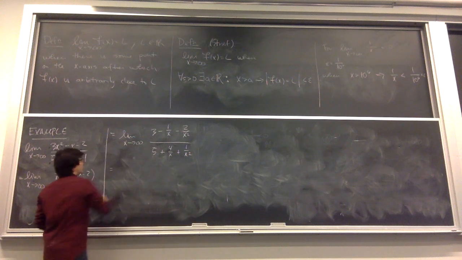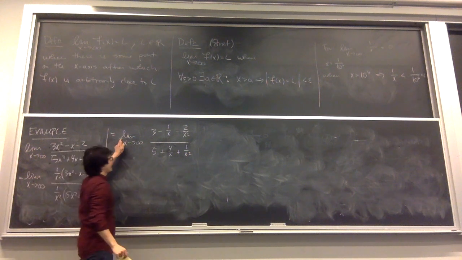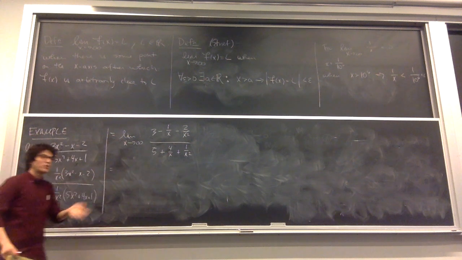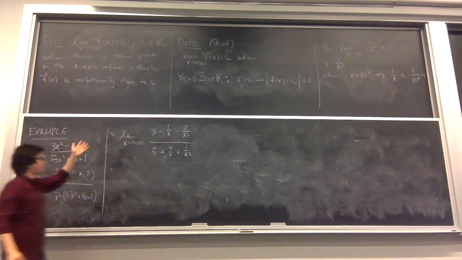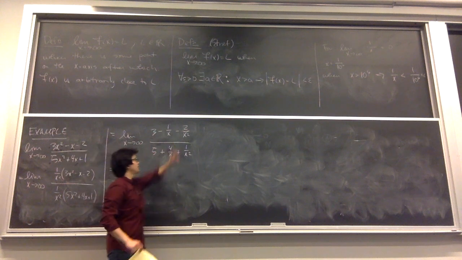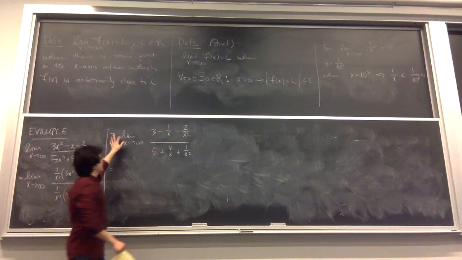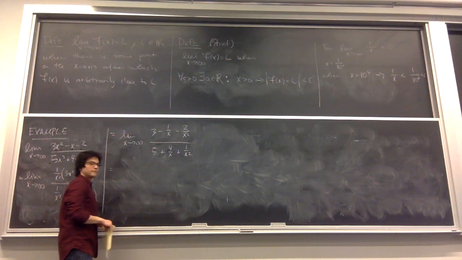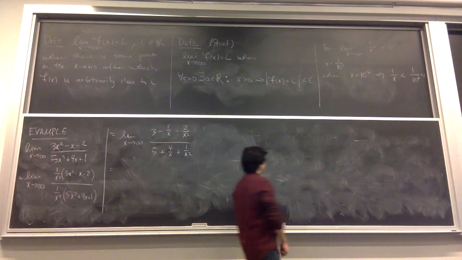Okay. The limit laws tell me that I can place this limit individually on each of these terms. I'm not going to write it because that's a big waste of time. So you just see this limit now going to each of these terms. Once we do that, what's the limit as x goes to infinity of this constant 3? Okay, let's draw it.